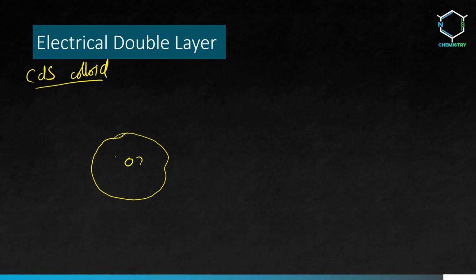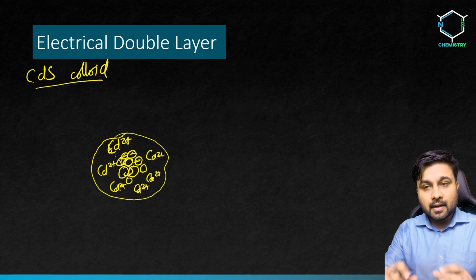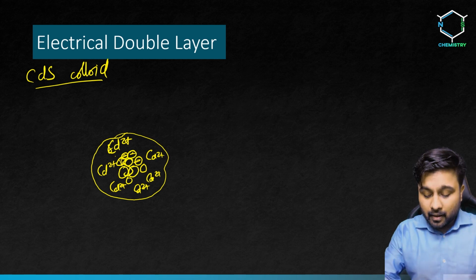In that, the sulfide ions are inside, and on the outer layer it has cadmium ions like this. So this is one colloidal particle. Overall, this is right now neutral. Right in the middle we have sulfide ions coated with cadmium ions. Overall, the particle is currently neutral.